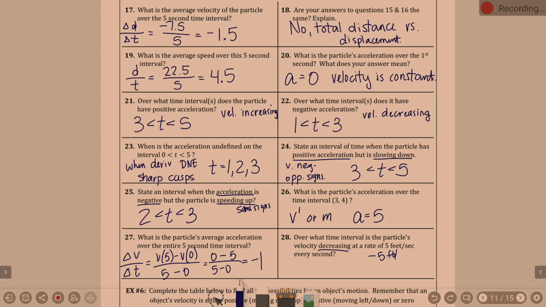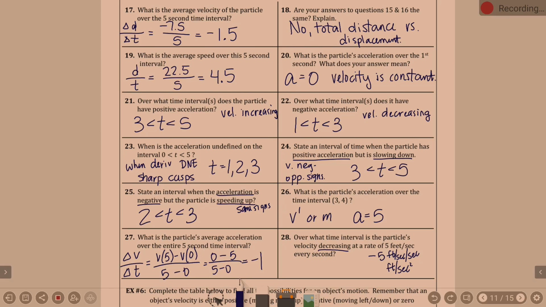Did you catch this? Per second, every second, which is per second, or feet per second squared is what that is. Feet per second squared is a label of acceleration.